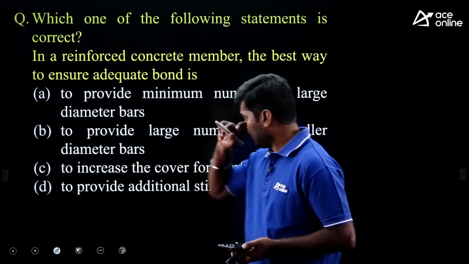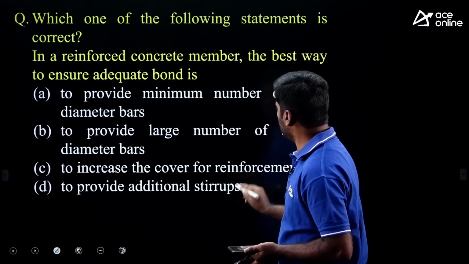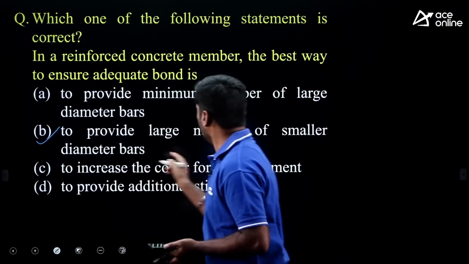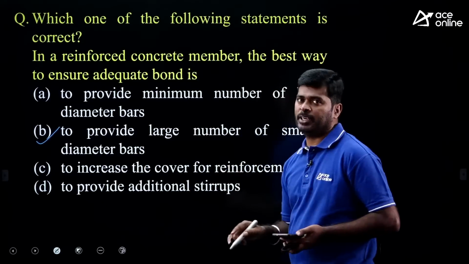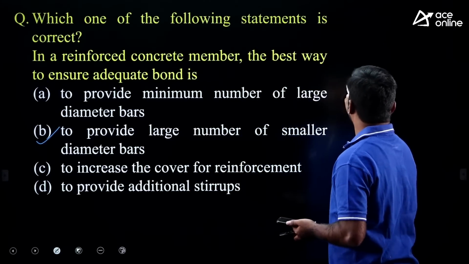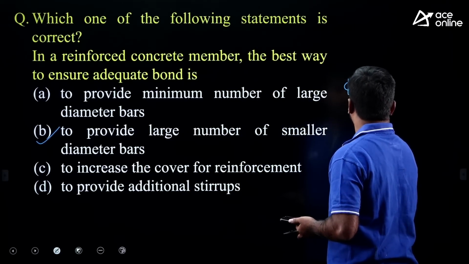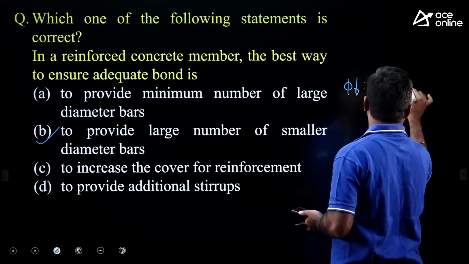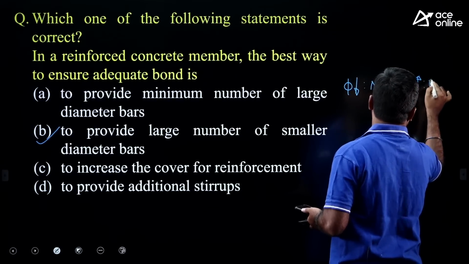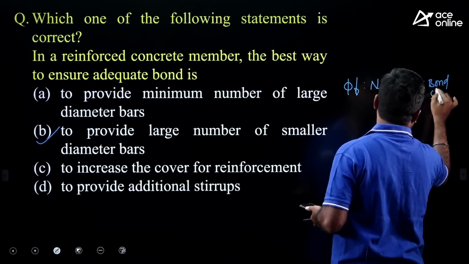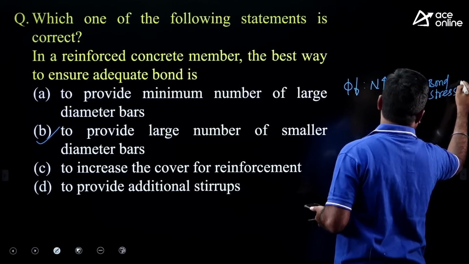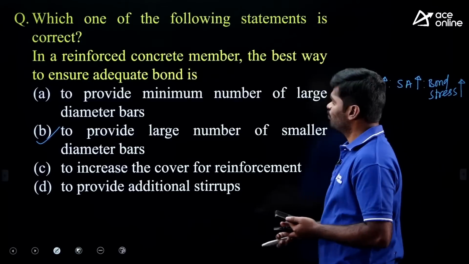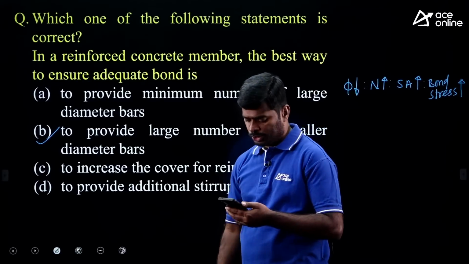So option B is correct, to provide large number of smaller diameter bars. When the diameter is smaller, the number will be more, so surface area will be more, so bond stress will be more. It will satisfy the bond criteria.